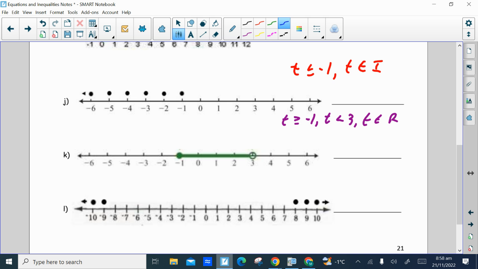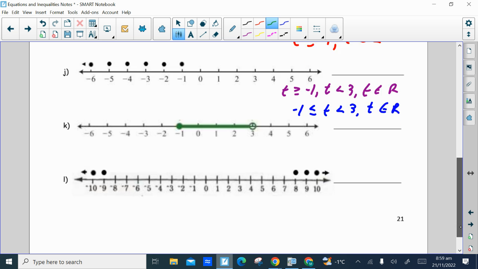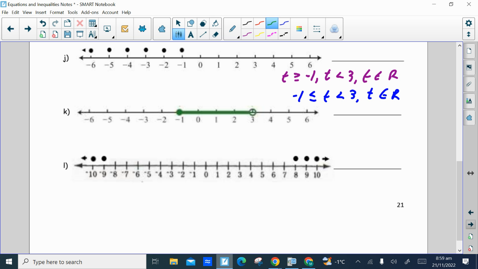Or if you wanted to use one statement, again, always start with the smaller number. T is greater than or equal to -1, but only less than 3. And again, T is an element of real numbers. So either one of those is fine.